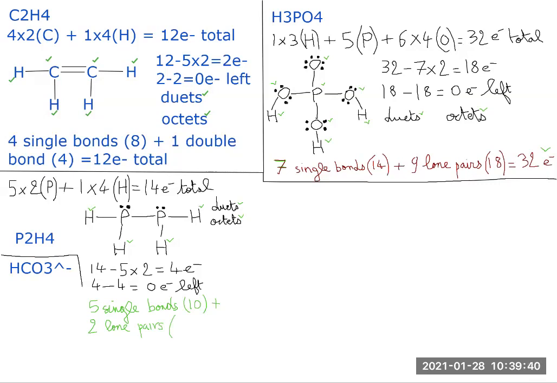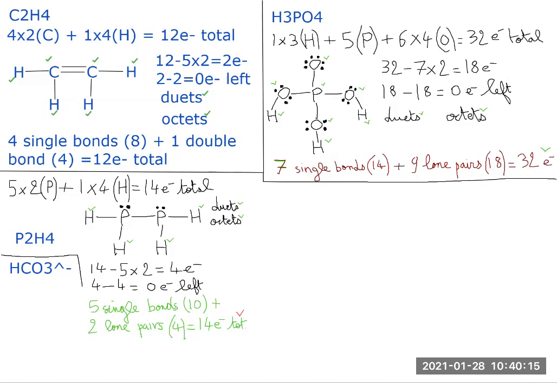Two lone pairs times 2 electrons each, that's 4 electrons. And that's it. 10 plus 4 is 14. So we do have our 14 electrons in total, which is the correct total. So we both have the correct total and octets and duets completed. So that's the correct structure for P2H4.